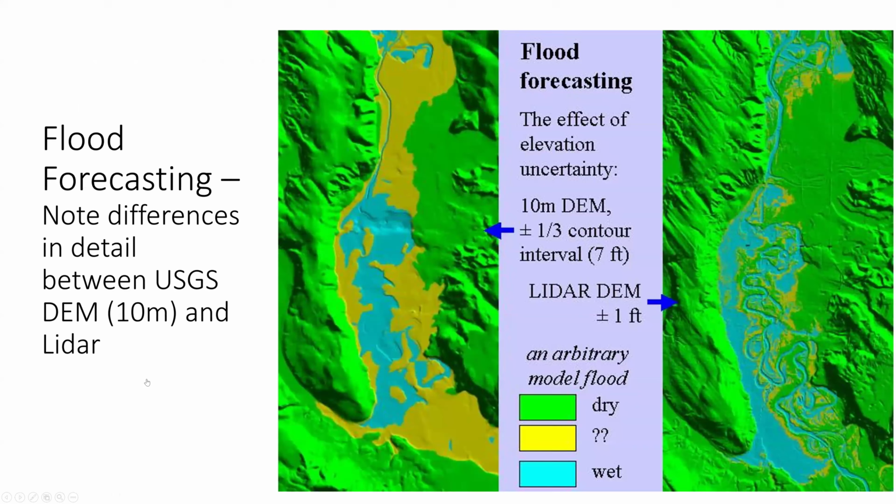Here's a use case for flood forecasting. On the left side here, we've got a 10-meter digital elevation model and a 7-foot contour interval. You could see the floodplain here pretty well. On the right side here, we can see a lot more detail in the channels, a lot more specifics about where floodplain is and where it's a little bit elevated with this vegetation.